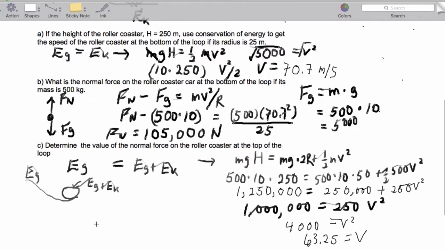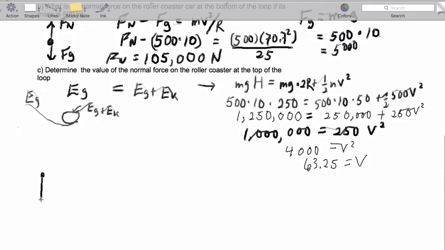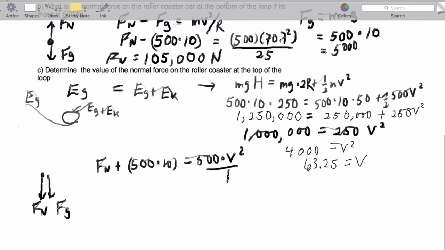Now, one small thing. At the very top of the roller coaster, we're going to have normal force and weight pointing down. So we're going to basically say that we have Fn plus mg, 500 times 10, equals 500 times v squared divided by the radius.